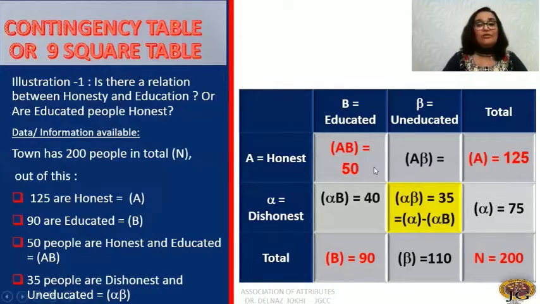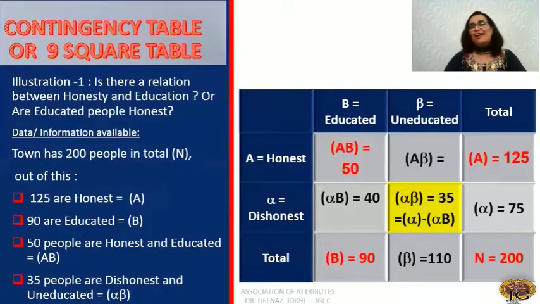See, if you want to check also, 50 plus 40, 90. 125 plus 75, 200. So by plus or minus you find out all the missing frequencies. So that's how 75 minus 40 is giving you 35. See, now only one frequency is left. Which one? A beta.